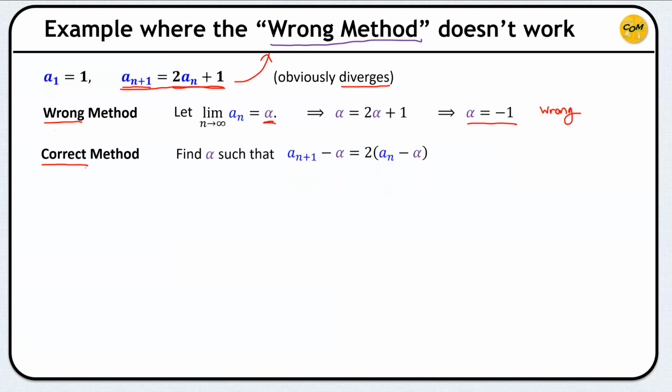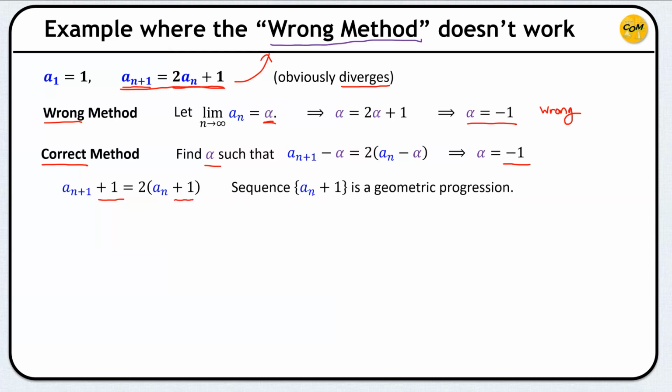The correct method is to find alpha that satisfies a_{n+1} minus alpha equals 2 times (a_n minus alpha), which also gives alpha equals -1 by the way. So we have a_{n+1} plus 1 equals 2 times (a_n plus 1), and the sequence a_n plus 1 is a geometric progression.